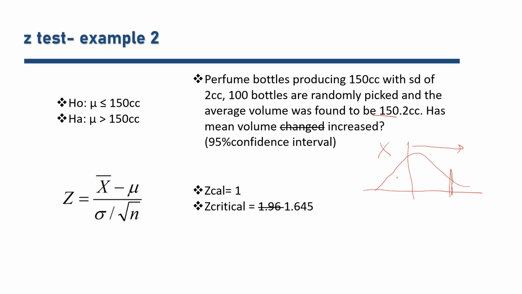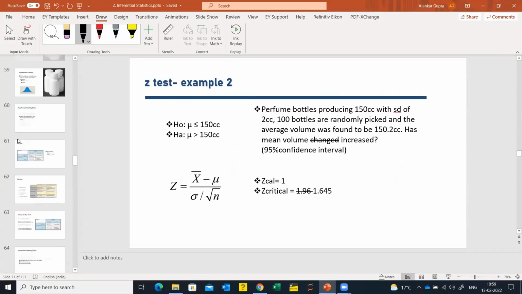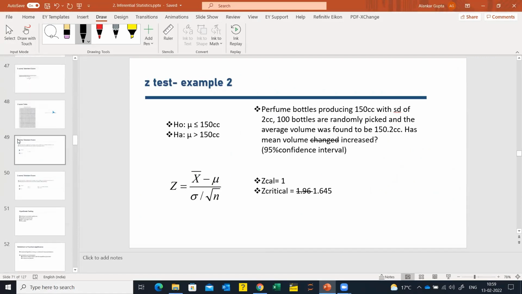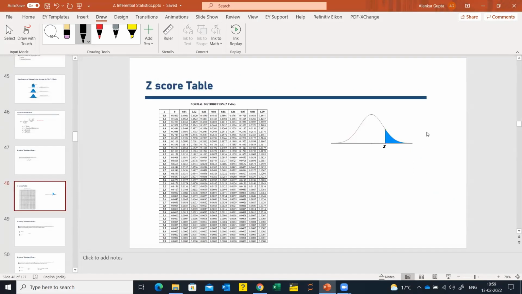Now, to understand one thing, Z scores have different types of table. This table, which I was showing earlier, is for a one tail test, because you can see there is only one tail into consideration.